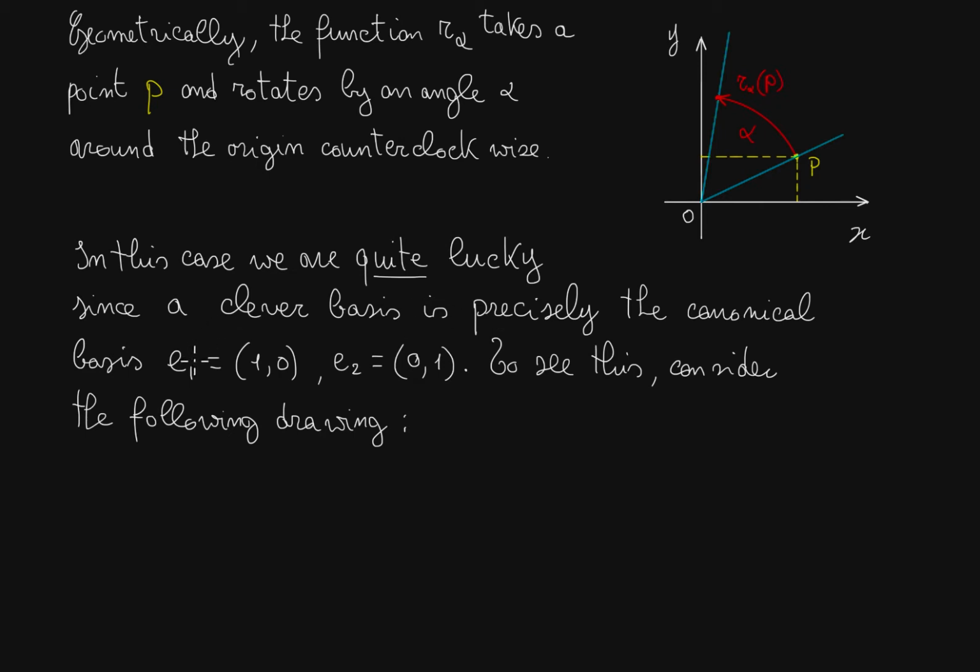The canonical basis of R squared comprises these two vectors, (1, 0) and (0, 1). To see this, consider the following drawing. Why is this clever? It is clever because the rotation acts in an easy way on these two vectors, and the images are easily expressed by the same two vectors.